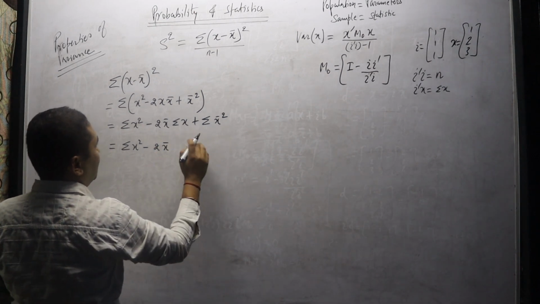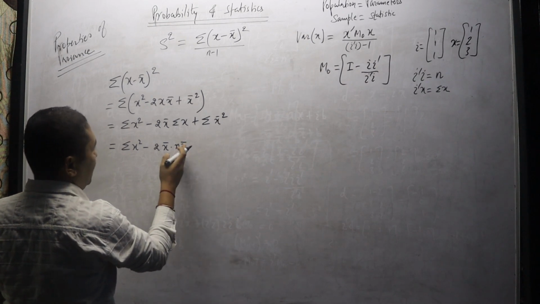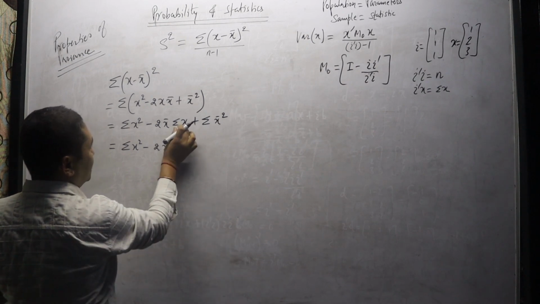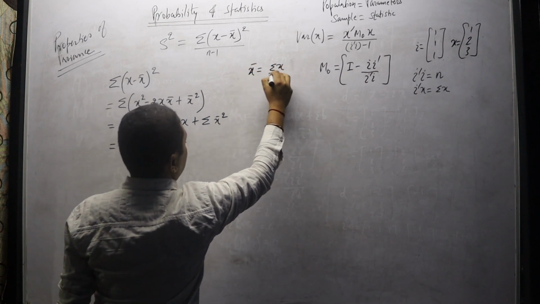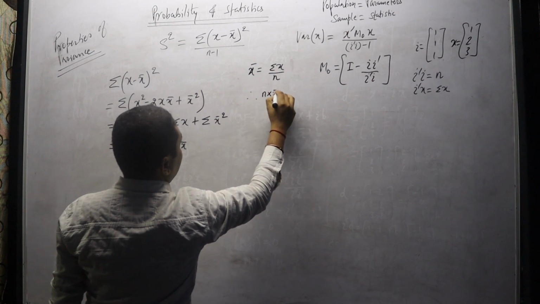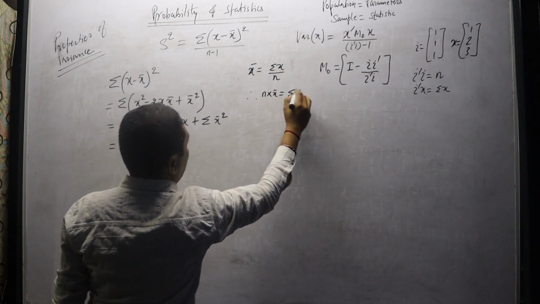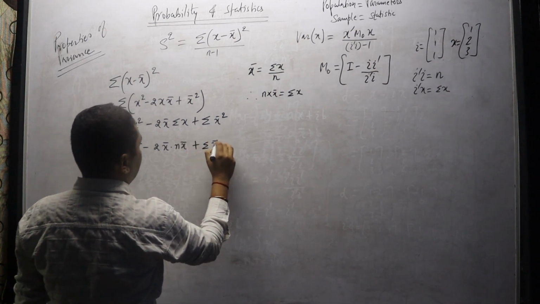There are n people and their average, and this is also equal to the summation of x, because x bar equals the summation of x divided by n. Therefore when the sample size is multiplied with the average, this equals the total value of x, plus the summation of x bar square.